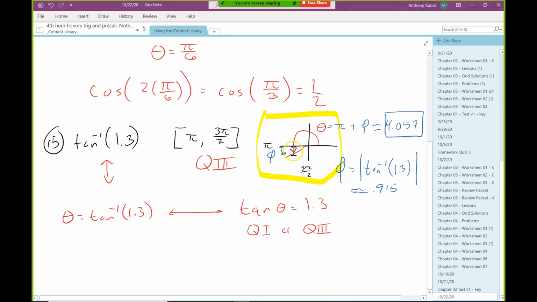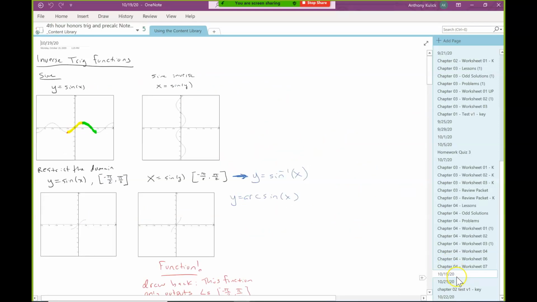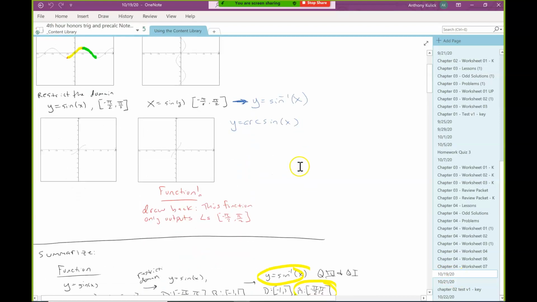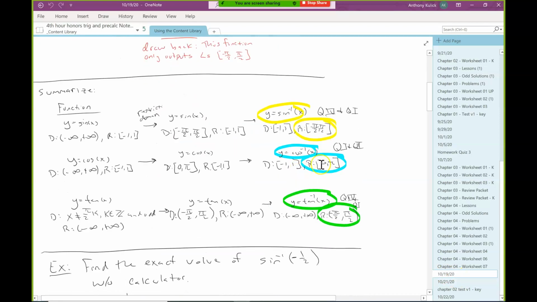So in problem number 15, it specifies what quadrants the answer can come from. If that's not given to you though, like 1 through 14, you're not given a quadrant. What we're going to be using is from the notes on the 19th, the inverse functions all have specific quadrants in which they output.